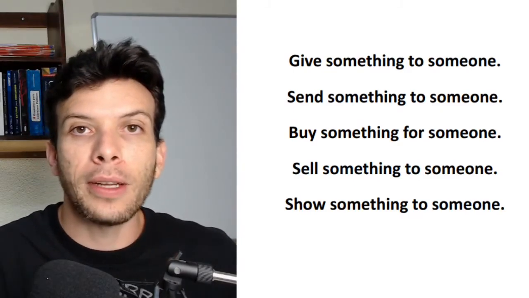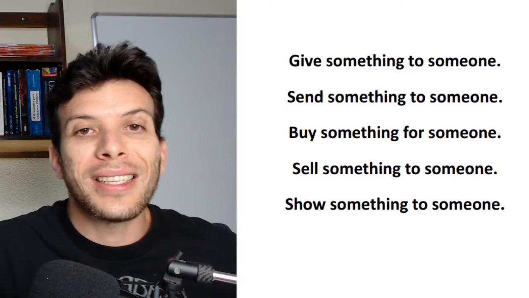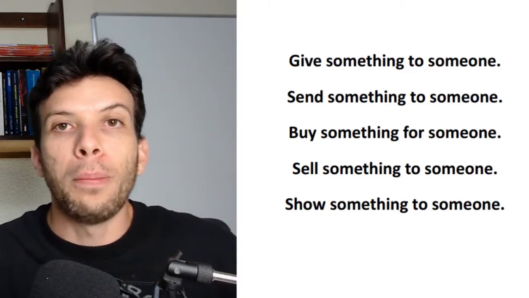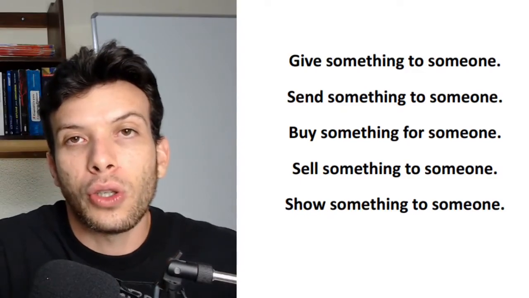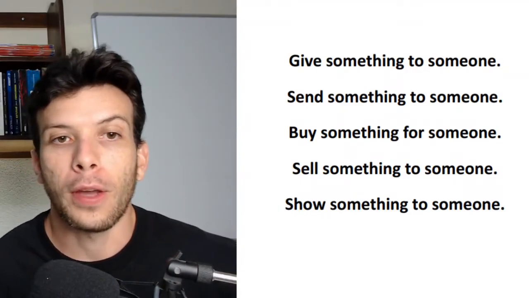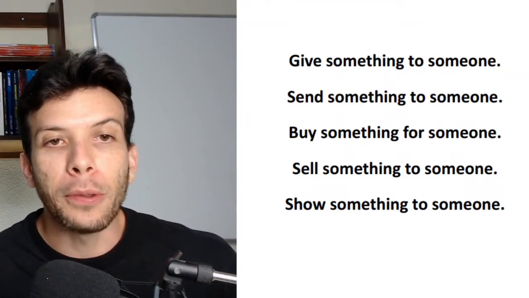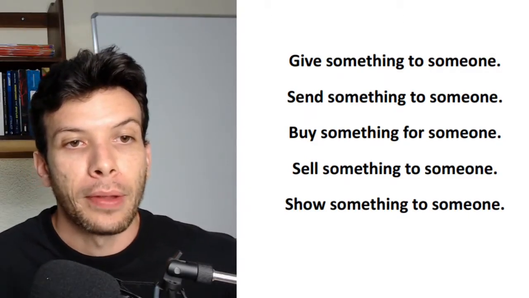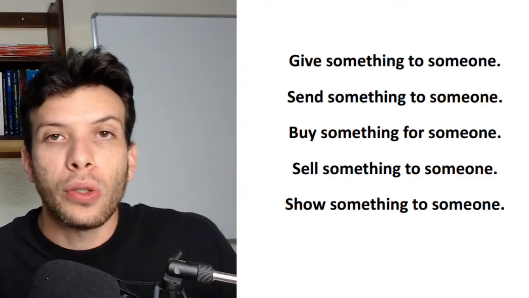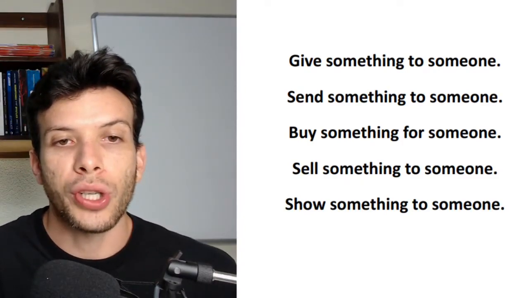You give something to someone. You send something to someone. You buy something for someone. So either to or for, okay? The preposition here in this case could be both or any of them. Sell something to someone. Show something to someone.